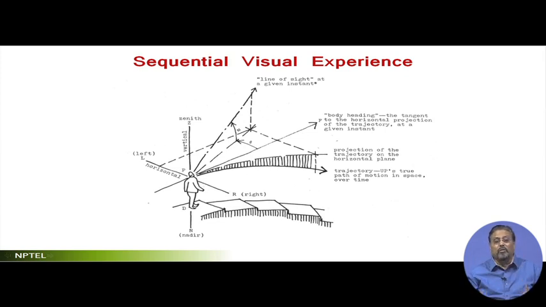I am just trying to emulate with my head: this is my body heading line, this is my x y z position of the eye, and then I am turning my head like this and looking upward, and that is the particular position in which I have an x y z where the object is. If you have understood this, then it will be easier for me to explain further.